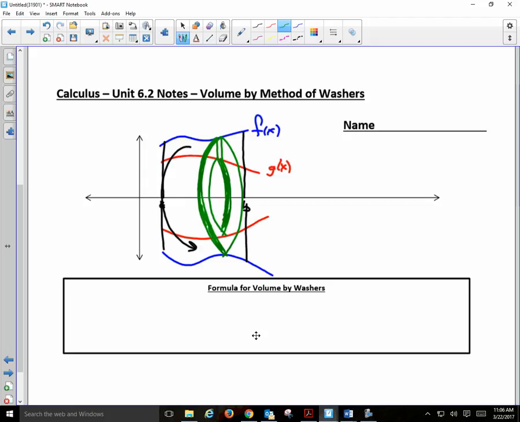So if I take that vertical rectangle and I rotate that all the way around, I get that washer. Why do I get a washer? It's a hole in the middle.